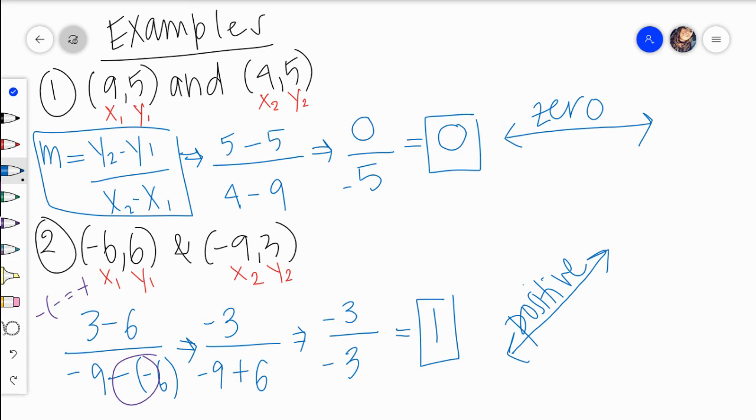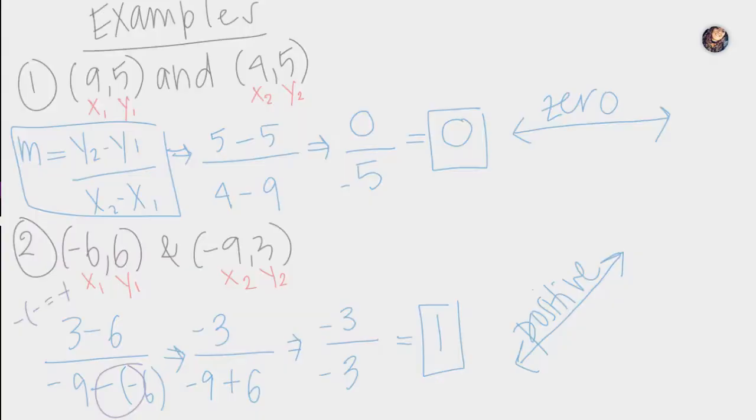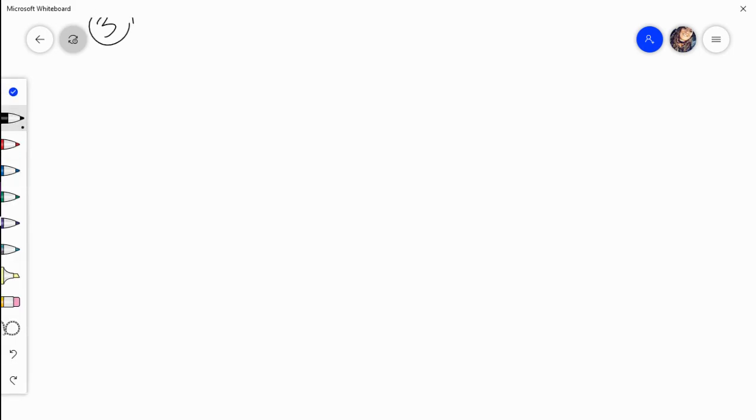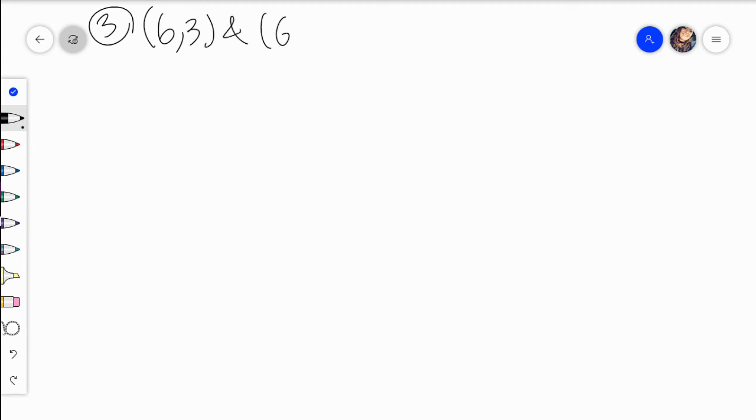Okay, so let's do another one. Say we have -6, 3, and we're given the point 6, 5. The problem would probably say something as far as given these 2 points, use the slope formula to find the slope of this.